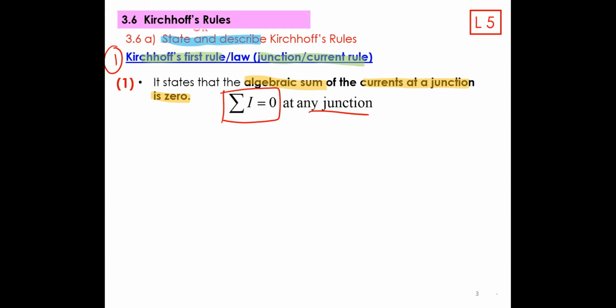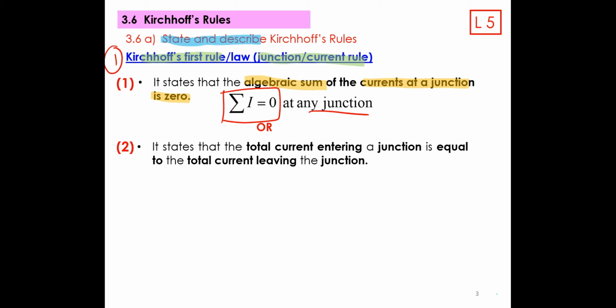Our second statement for first Kirchhoff's rule is the total current entering a junction is equal to the total current leaving the junction.